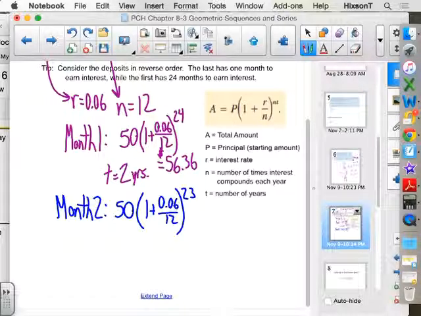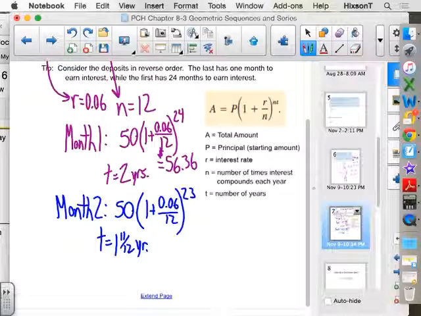Sorry. Do you multiply the 23 by 12? No. Actually, technically, the time here would be 1 and 11/12 years. Yeah, but the formula is n times t. Yes. And t is always in years. Because basically what this is doing is it's converting your time from years to months. Or if it were compounding quarterly, it would be converting from years to quarters or whatever.